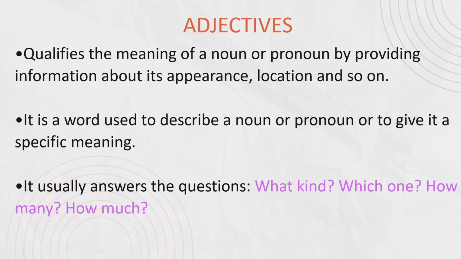As mentioned earlier, adjectives are for nouns and pronouns. They can alter the meaning of nouns and pronouns in sentences, providing information about its appearance, location, and so on. It is a word used to describe a noun or pronoun or to give it a specific meaning.